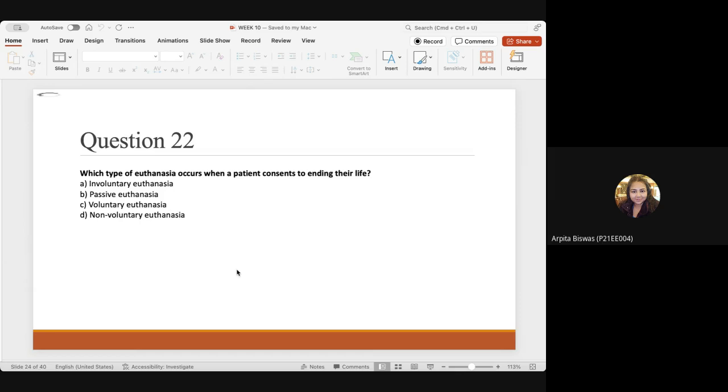First option is the involuntary euthanasia. Second is the passive euthanasia. And option C is the voluntary. And option D is the non-voluntary.